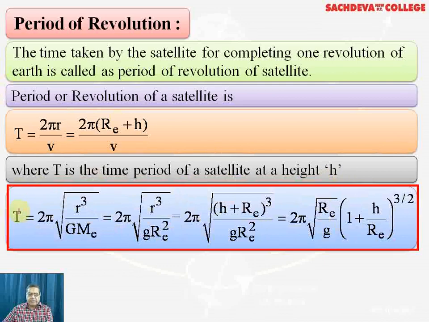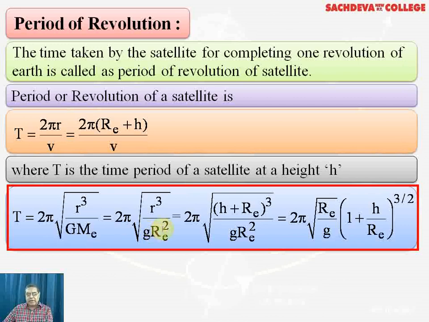Now the time period is also given by 2 pi under root r cube over GMe. We find here that r is variable, but G, M, e are constant. G is the gravitational constant and Me is the mass of the Earth. So 2 pi and r cube are kept as they are, and GMe is replaced by gRe square.